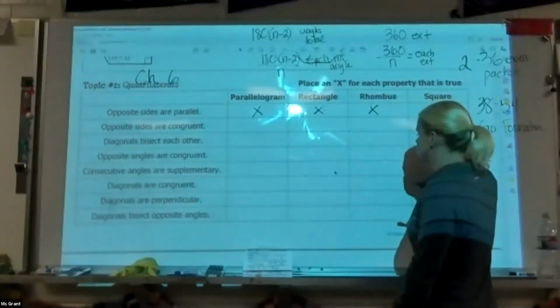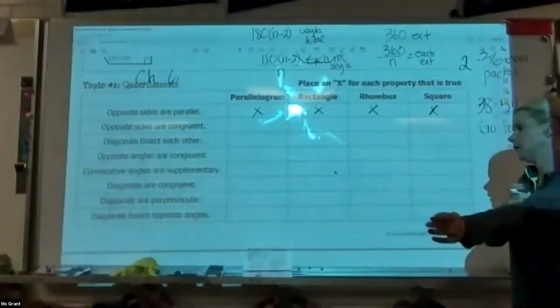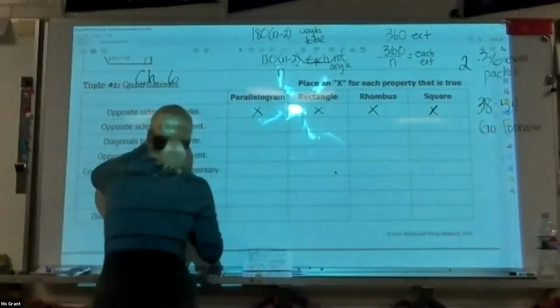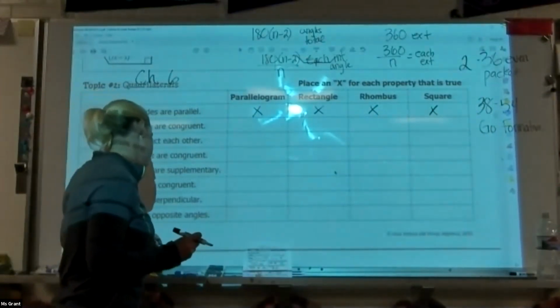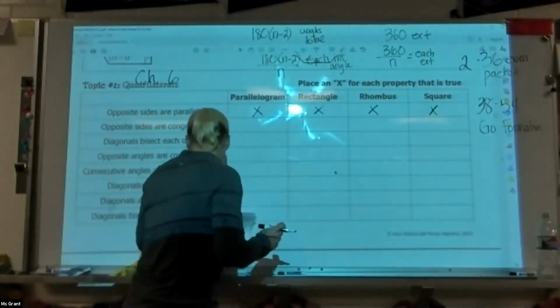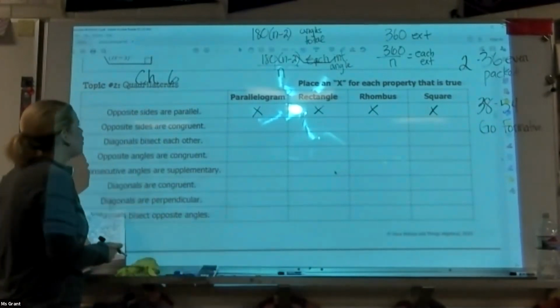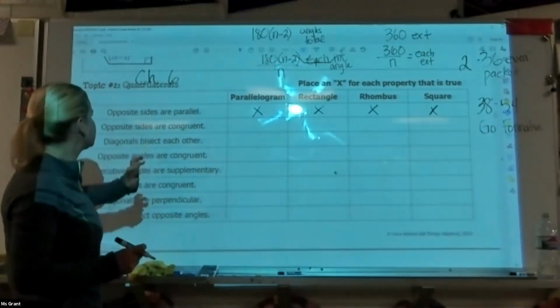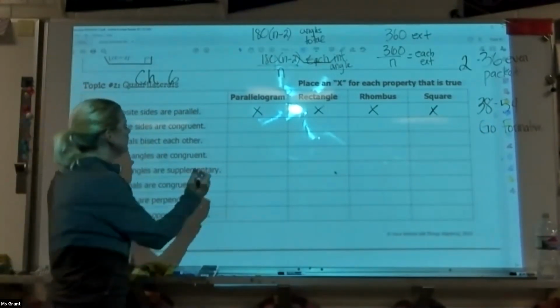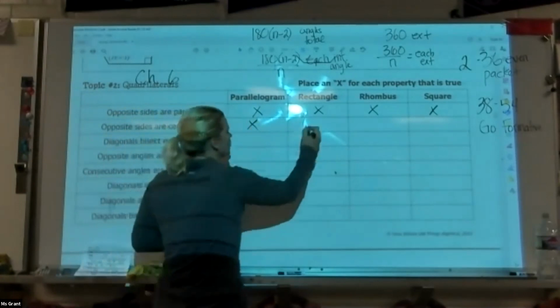Those opposite sides are parallel, and a square, all of them. Opposite sides are congruent. A rectangle, sorry, it doesn't say all 4 sides. Opposite sides are congruent. Yeah, in a parallelogram, yep, all 4.